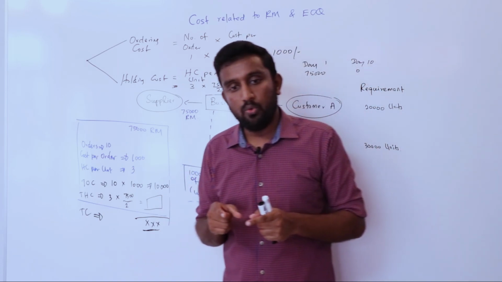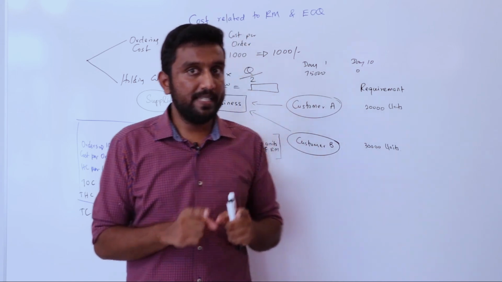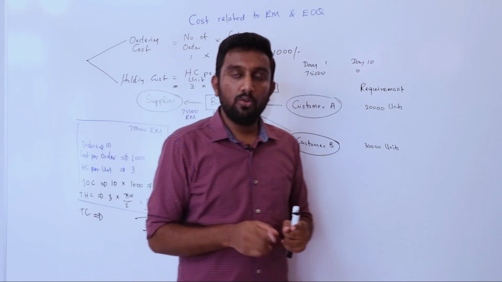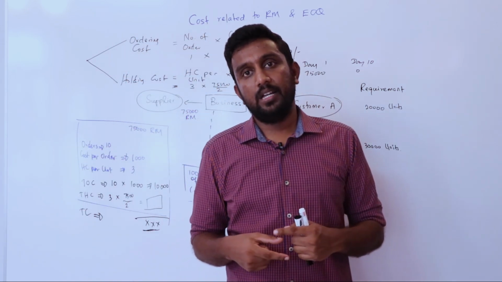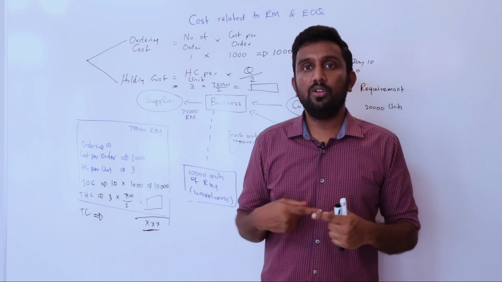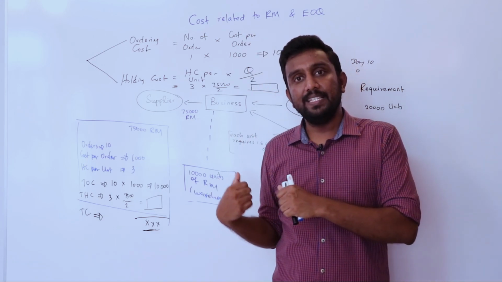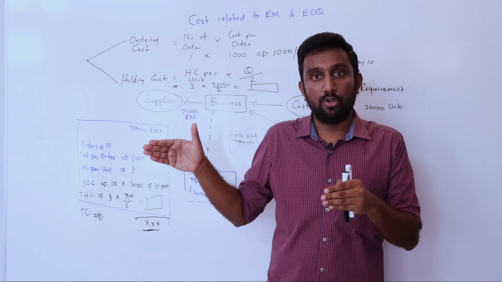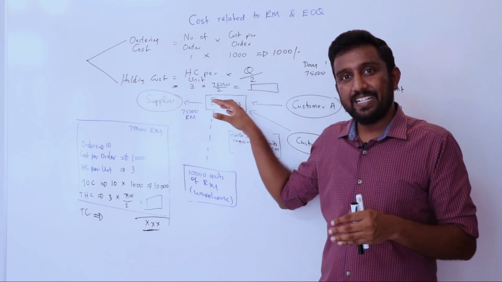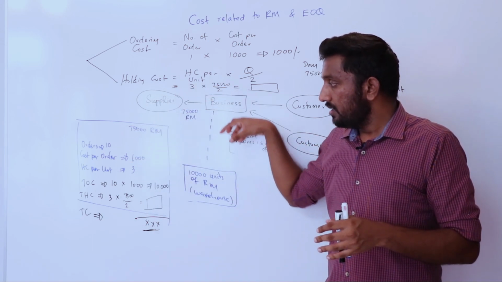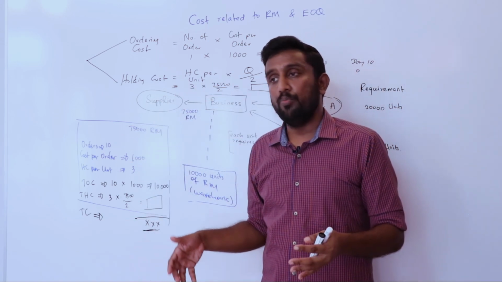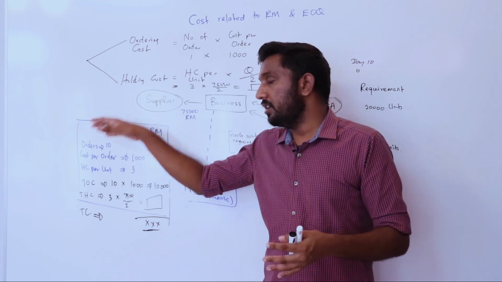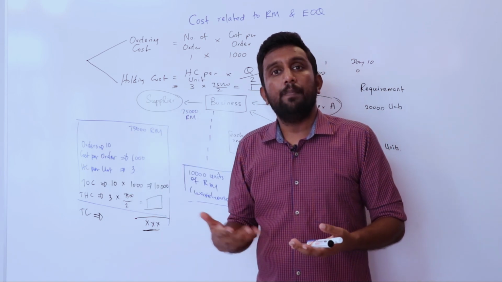Yes, now after this, we're going to have one example related to the ordering cost and holding cost. Later, I'm going to introduce the economic order quantity from this example. I mean, how they are moving to economic order quantity from their basic style of management, or the basic way of doing their purchasing.